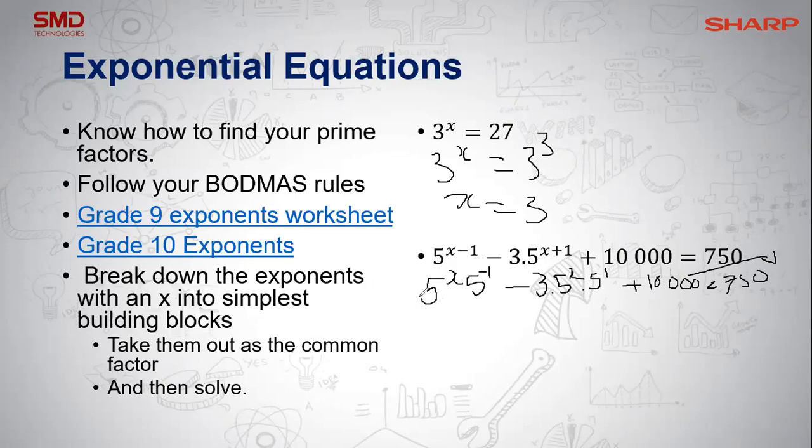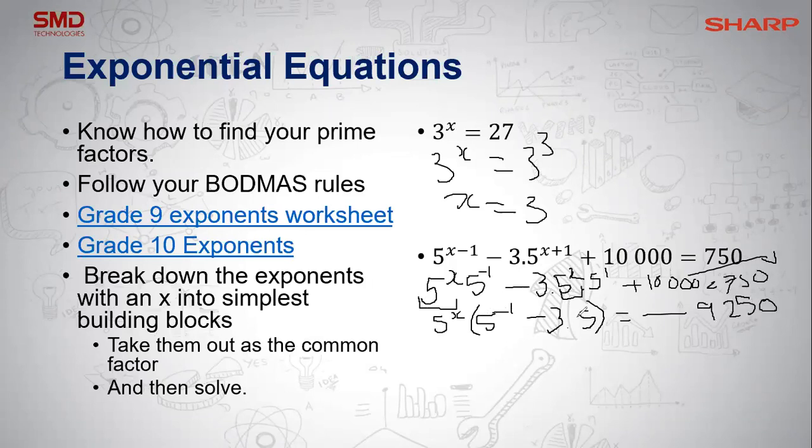Then we're going to take this one to the other side. And here, we're going to take out a common 5 to the power of x. So we're going to have 5 to the power of x times 5 to the minus 1 minus 3 times 5 to the 1, so that's just 5, is equal to negative 9,250.